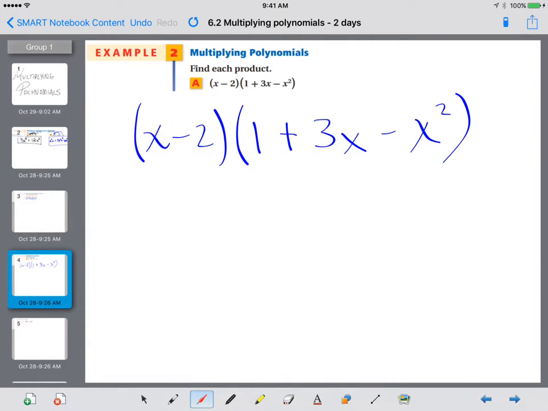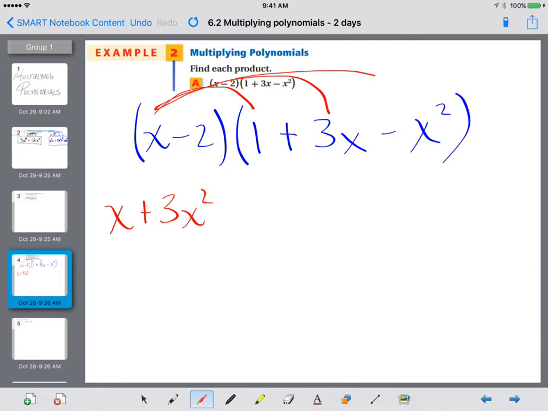In order to take care of our foiling method, or just thinking it through this way, where we put arrows, let's start off. I need to multiply x times 1. That just becomes x. Then I've got x times 3x, which is a positive 3x to the second.